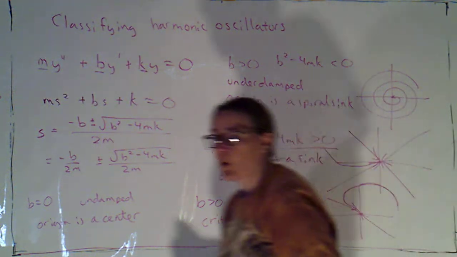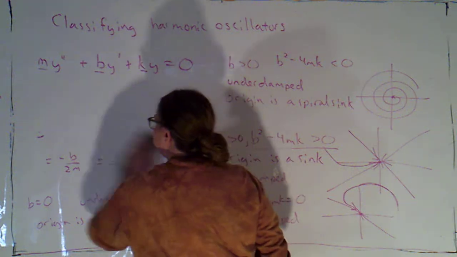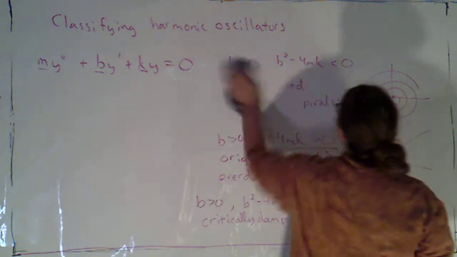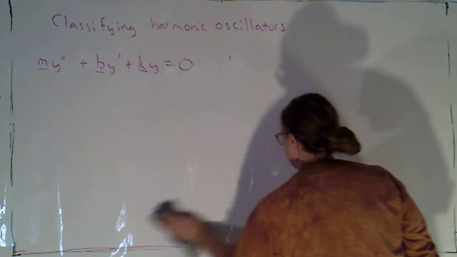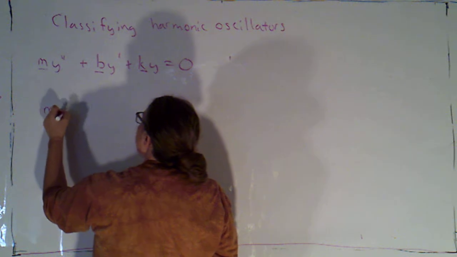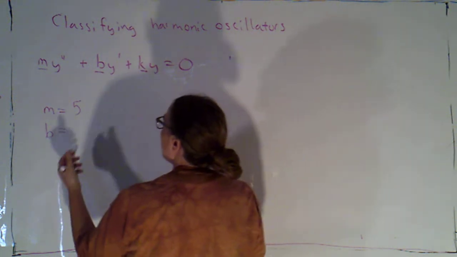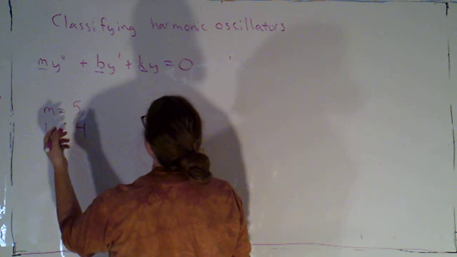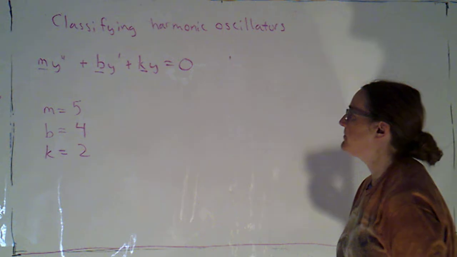Let's just take a look at one real quick example and see if we can't classify it. Let's suppose my mass was 5, my damping coefficient was 4, and my spring constant was 2. Okay.